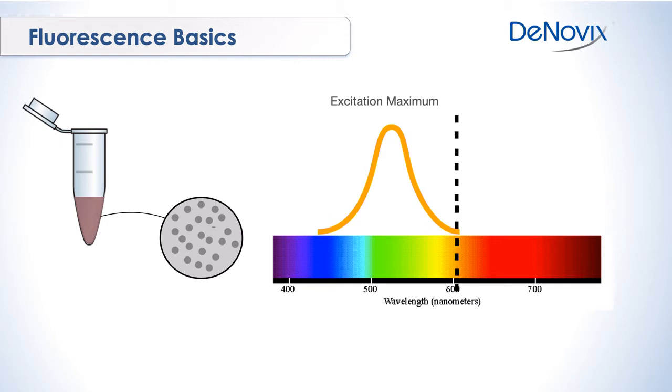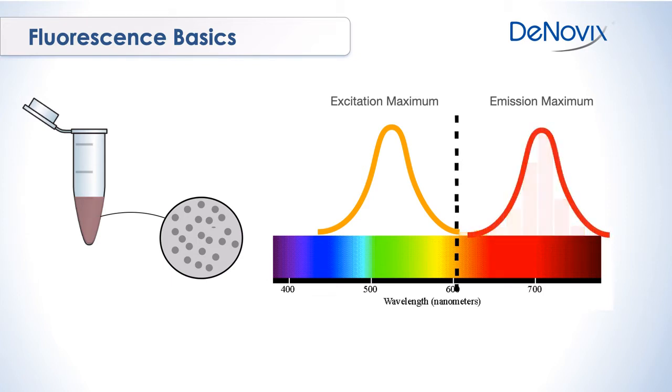On the emission side, we also find that emission takes place over a spectrum with an emission maximum too. Now this isn't related to the wavelength that the excitation takes place at. The emitted light will always emit over a spectrum of wavelengths.